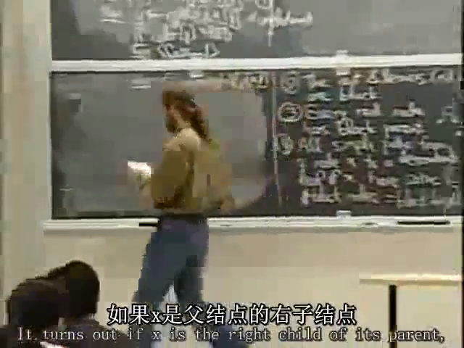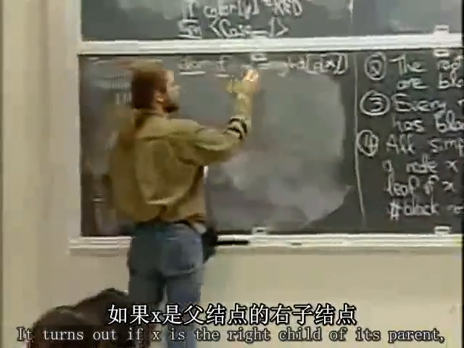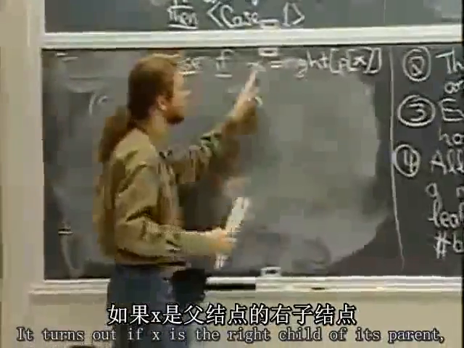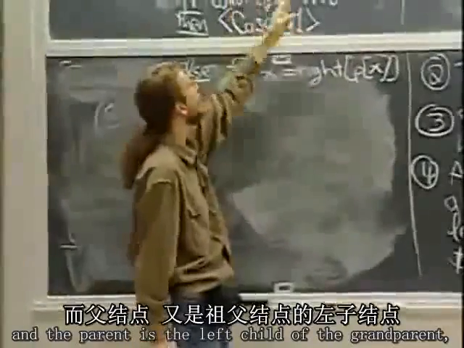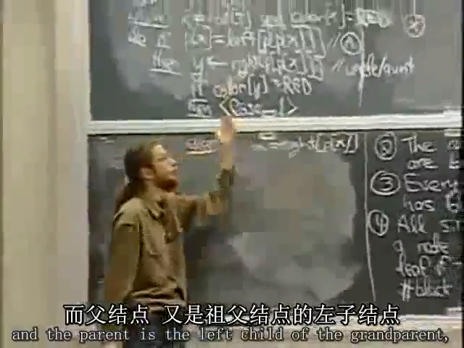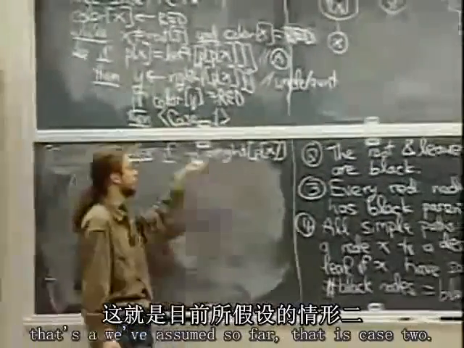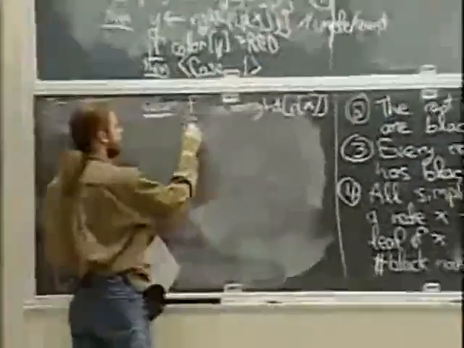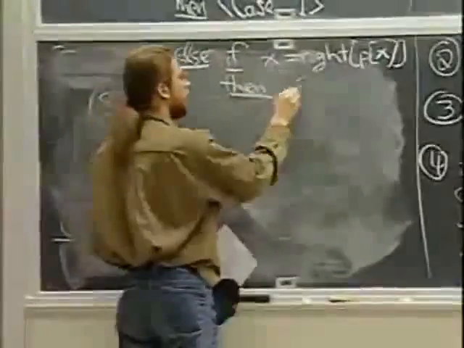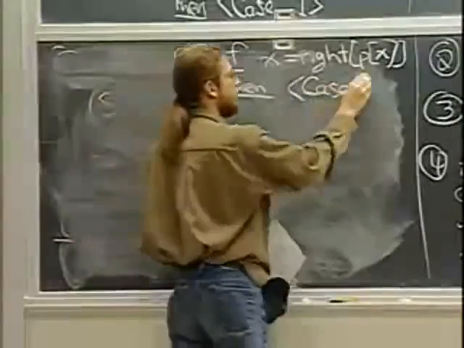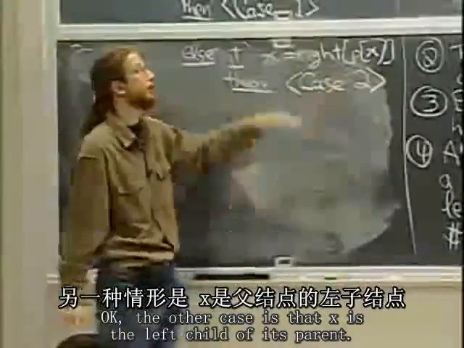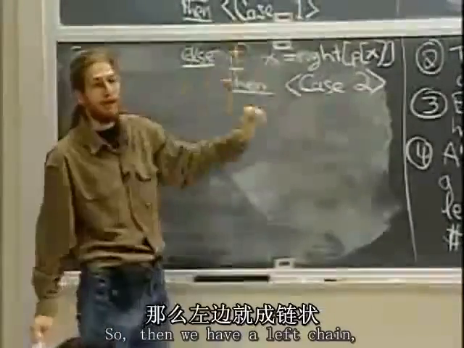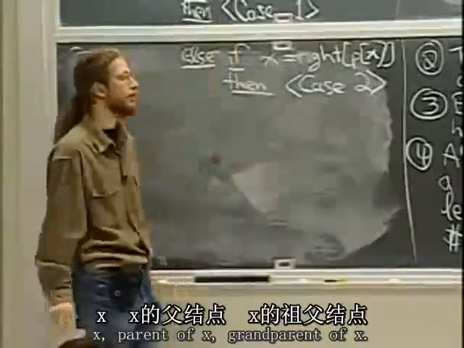Turns out that's if X is the right child of its parent, and the parent is the left child of the grandparent, that's what we've assumed so far, that is case 2. Okay. The other case is that X is the left child of its parent. So then we have a left chain, X, parent of X, grandparent of X. That is case 3.